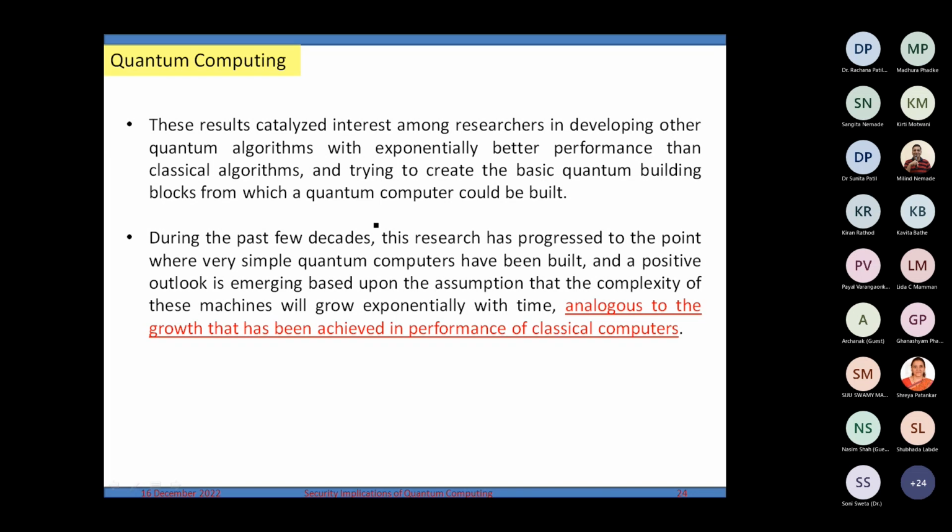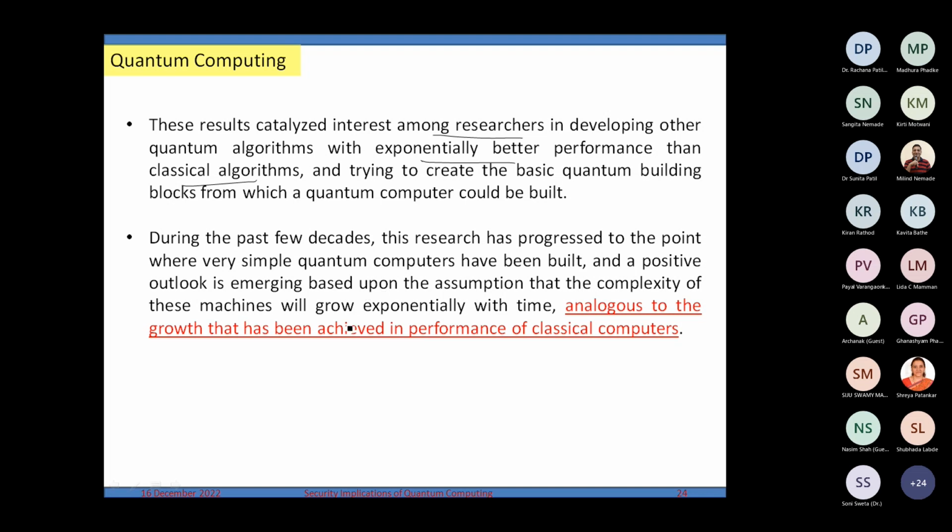These developments have catalyzed interest among researchers in developing quantum algorithms that are exponentially better in performance than classical algorithms, whether you want to solve problems such as prime factorization, or perform a search over a given set of elements.